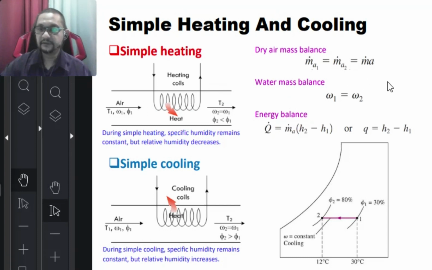For water balance, omega 1 is equal to omega 2. For energy balance, we only have the rate of heat, Q dot, equal to m dot a times (h2 minus h1), or we can write it as small q, the specific heat, equal to enthalpy at state 2 minus enthalpy at state number 1.